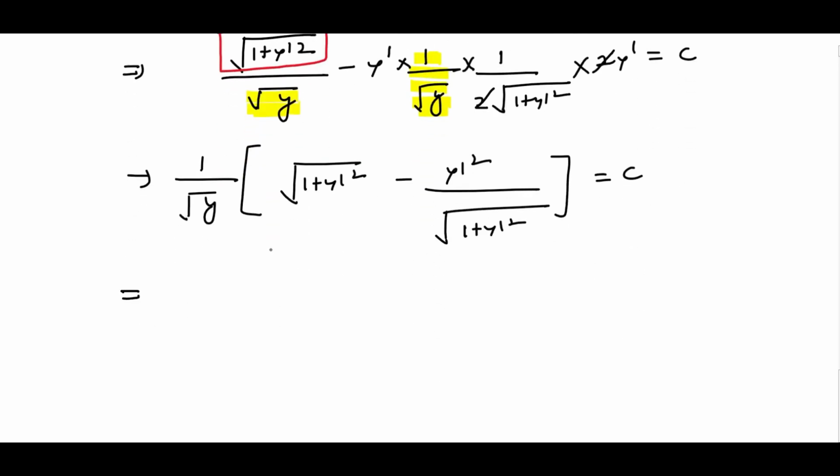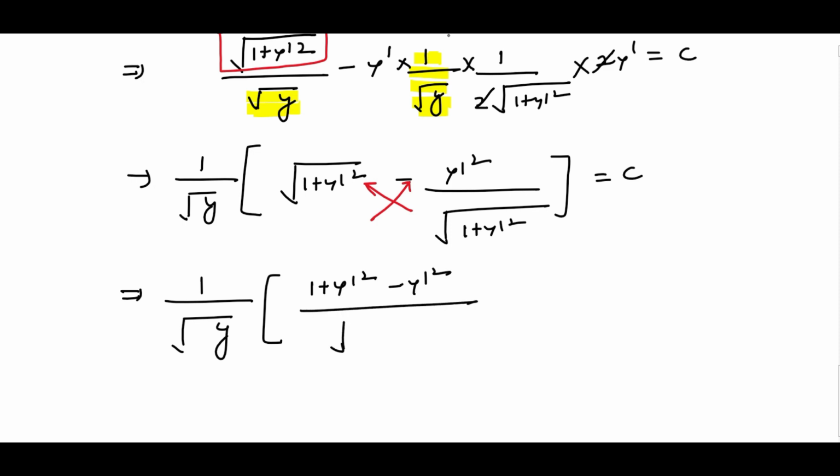So now after the cross multiplication, we will get 1 plus y' whole square minus y' whole square over the square root of 1 plus y' whole square is equal to c.